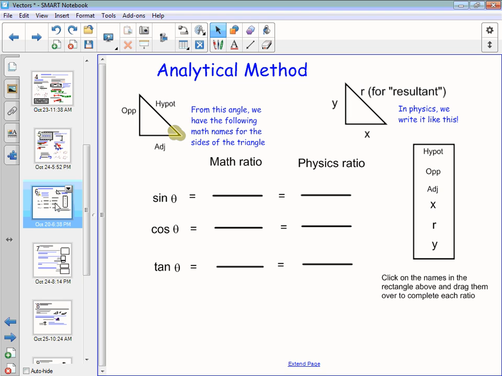Okay, so what you need to do, we see this is called the analytical method. You learn about these trig functions in geometry. When I say trig, you say, I'm not in trig yet. It's okay.